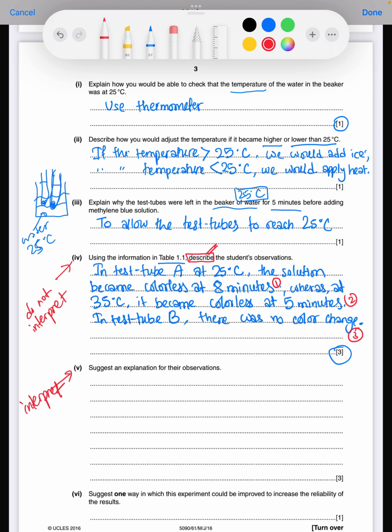Suggest an explanation for their observations. Obviously, because test tube B, which had no color change, there was no active dehydrogenase. So in test tube B, there was no active dehydrogenase.